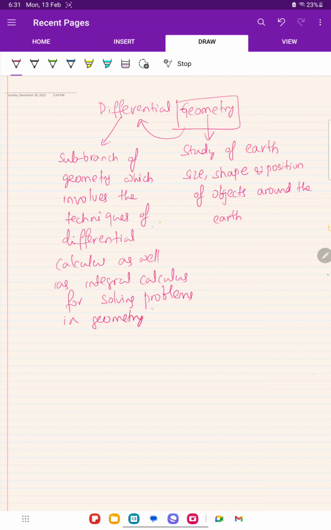So this is about differential geometry. It gives an introduction to differential geometry.